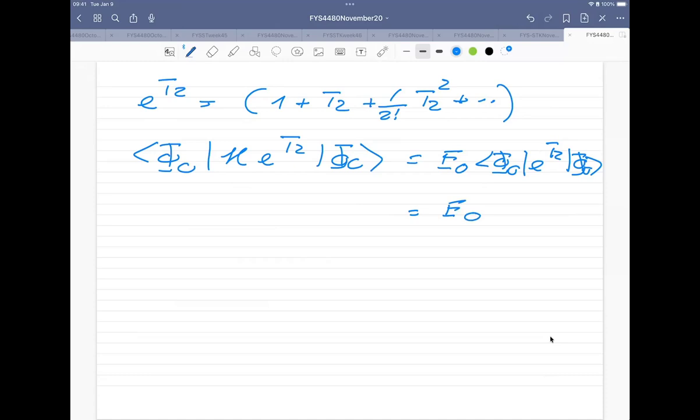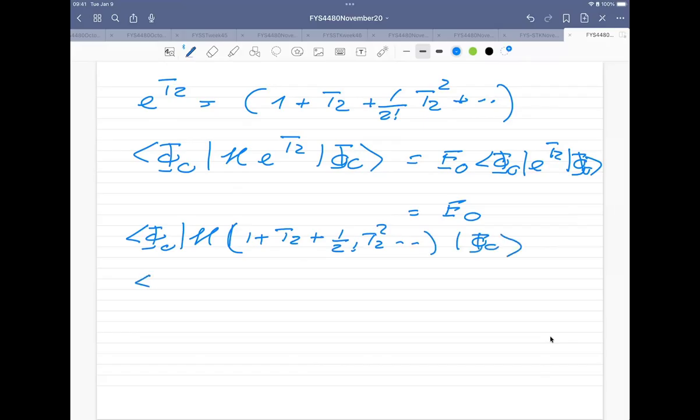If I then look at my next term, the one on the left, and write this out, I'm going to get phi 0, then the Hamiltonian acting on 1 plus T2 plus 1/2 T2 squared, et cetera, acting on phi 0. The first term is the one which we have defined earlier, our reference energy, which is nothing but E_ref.